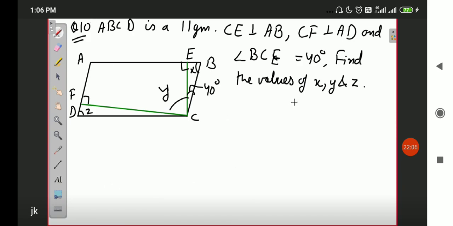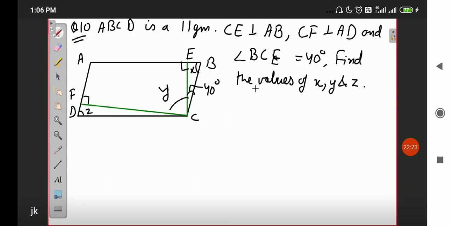Okay. See, in this diagram we have two triangles, two right triangles. One is triangle ECB and another one is FCD. These are two right triangles. We will start with first of all triangle EBC and then we will move on to other triangles.